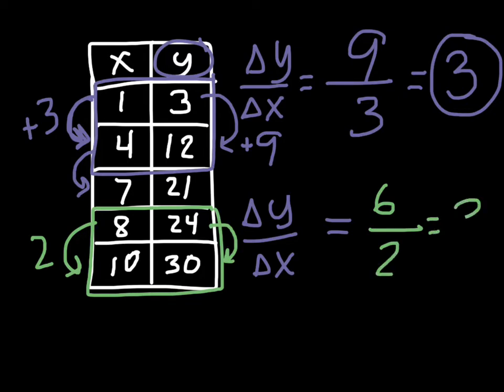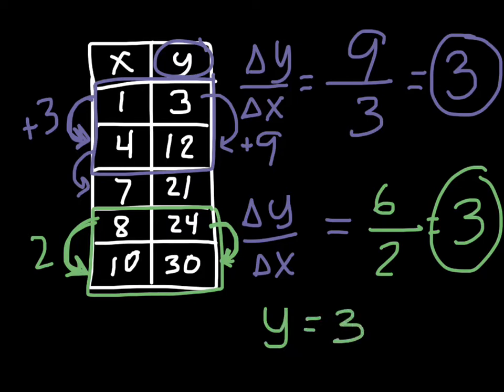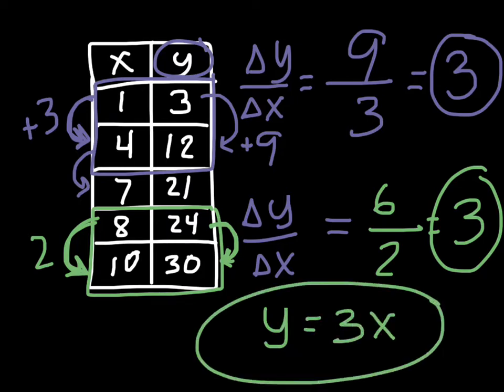Which simplifies to 3 as well. So I can look at any part of my table. I just need to make sure that I'm looking at the same numbers for my y and my x for that ratio. So my rate of change is 3. So my equation would be y equals 3x.